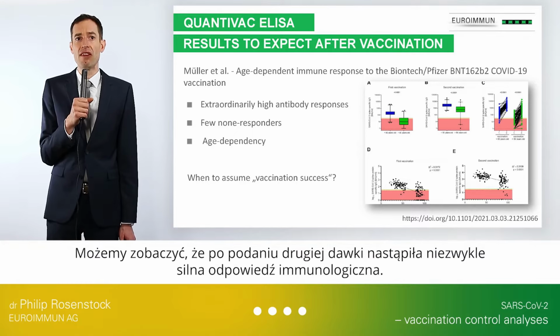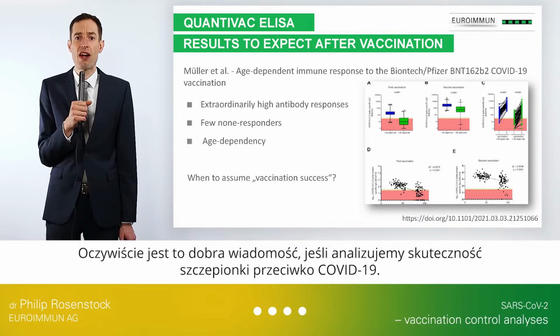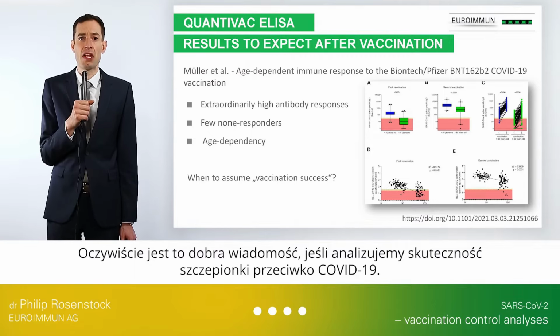What you can see is that after the second dose was given, we have extraordinarily high antibody activities that are detected. Of course, this is good news when talking about the efficiency of the vaccine. It seems to be very highly efficient.